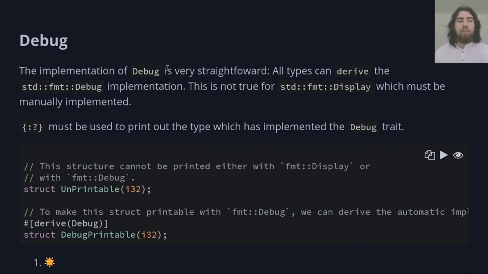The implementation of debug is very straightforward. All types can derive the debug implementation. This is not true for display, which must be manually implemented, and we have used that before. This is the debug notation, which must be used to print out a type which has implemented the debug trait.